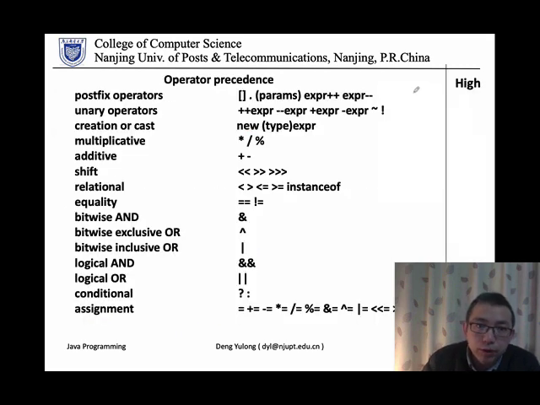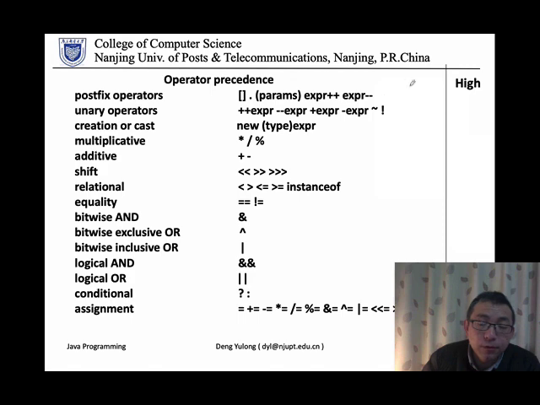Well, there's a question about operator precedence. That means if inside an expression we have more than one operator, when they are performed, which one will be performed first, and which one next? So they must have an order.